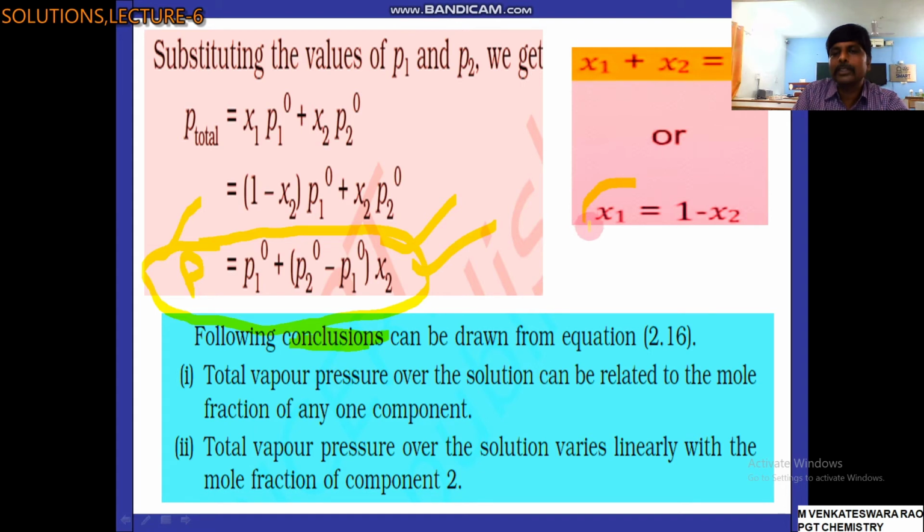Suppose instead of X2 you write X2 is equal to 1 minus X1; then you will get the term X1. That means total pressure is related to either X1 or X2. That is the first conclusion.